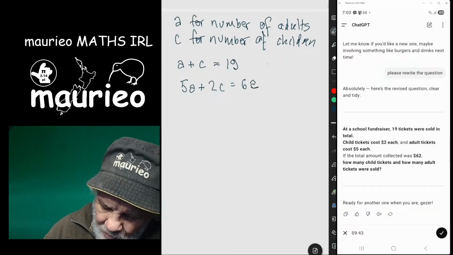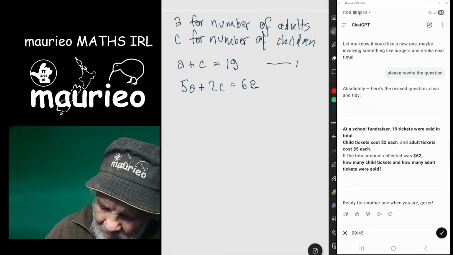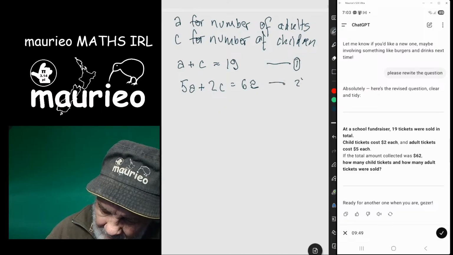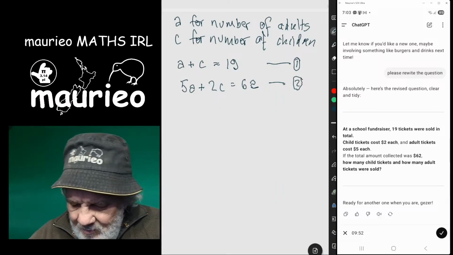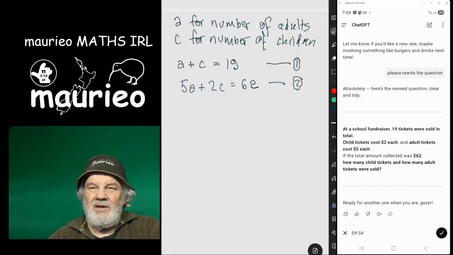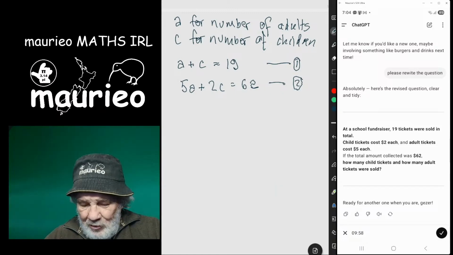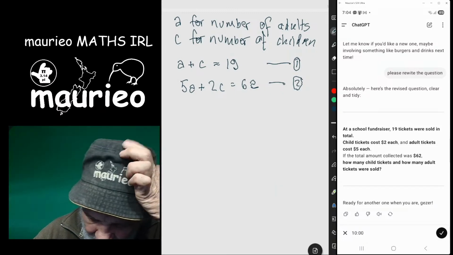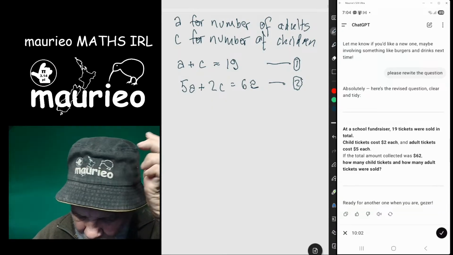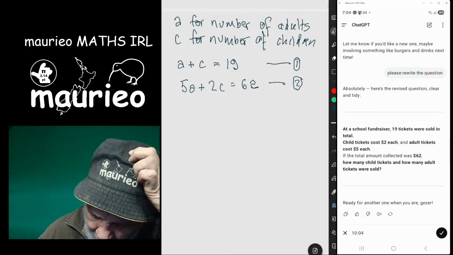So now we've got two equations that model what happened. So what we can do is multiply equation 1 by 2.